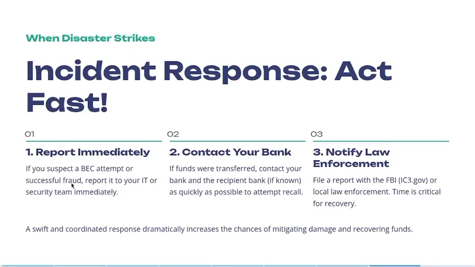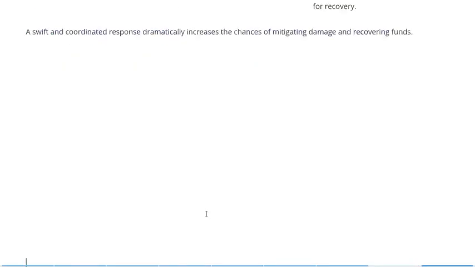A swift and coordinated response dramatically increases the chances of mitigating damage and recovering funds. And in case such an attack happens to you, you can simply contact Zeus Innovations Limited to help you investigate the matter and hopefully bring back your funds or recover the data you lost.